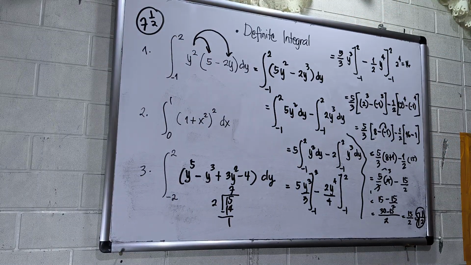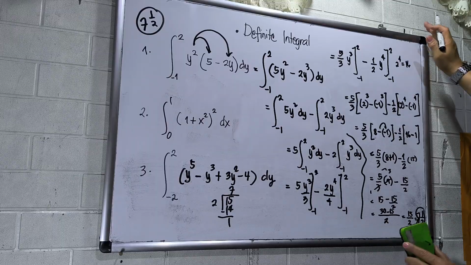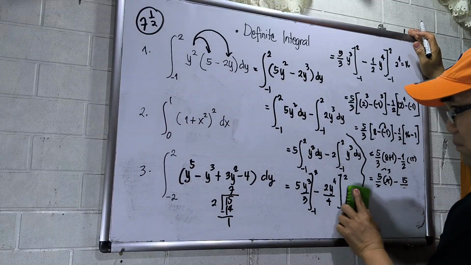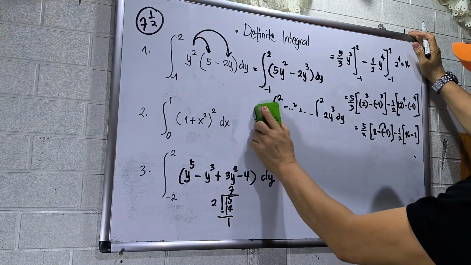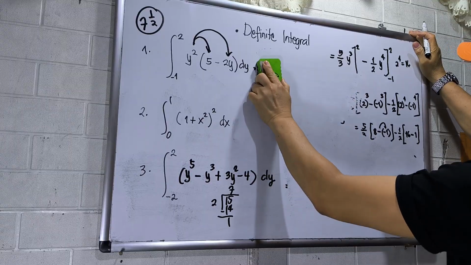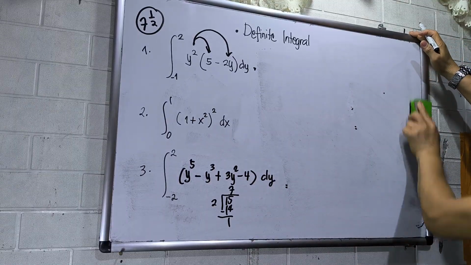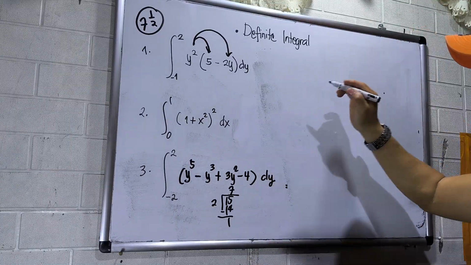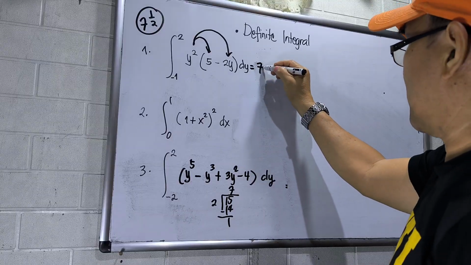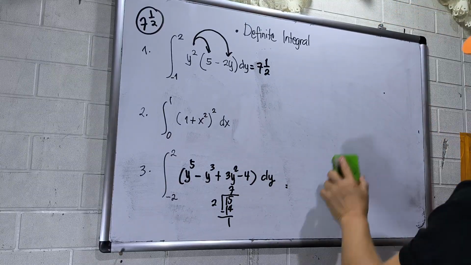Now let's proceed to number 2. Allow me to erase this, and I'll just write the answer here: 7, 1 over 2.